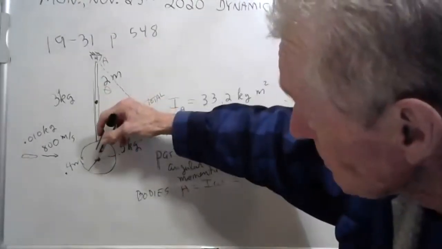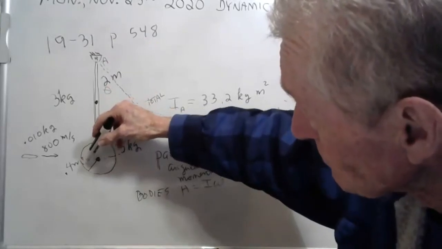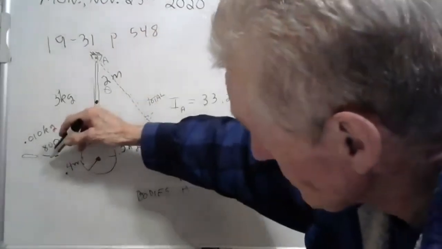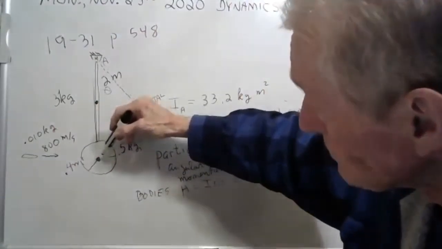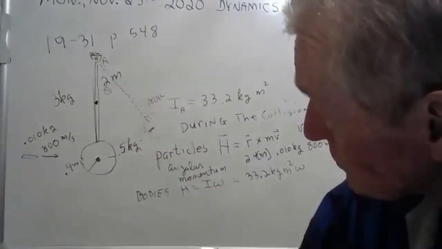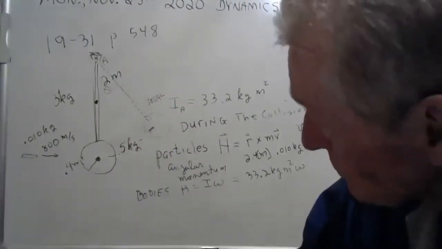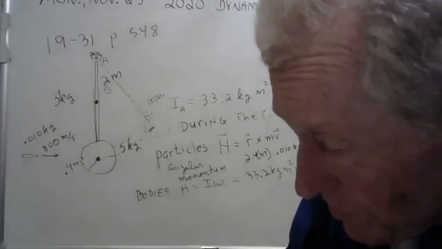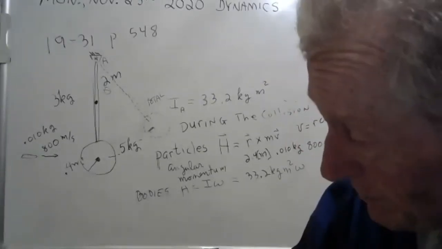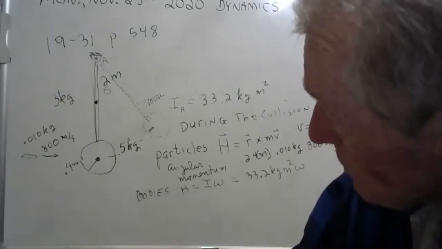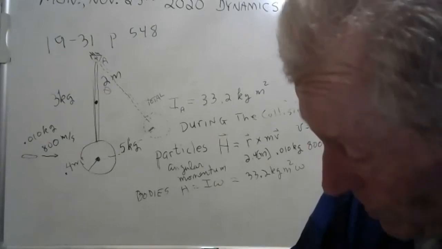Well, that force is at that same distance for the disc as that force at the same distance for the bullet. They're opposite directions on the forces, but they have the same distance, therefore they have the same moment. So the sum of the moments is 0.